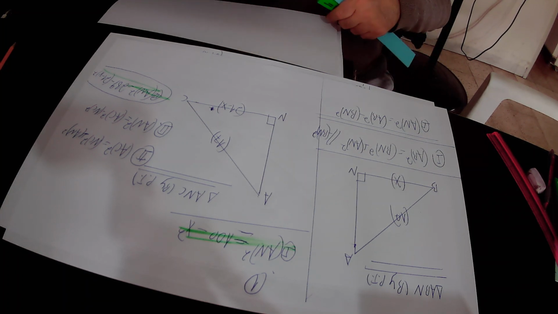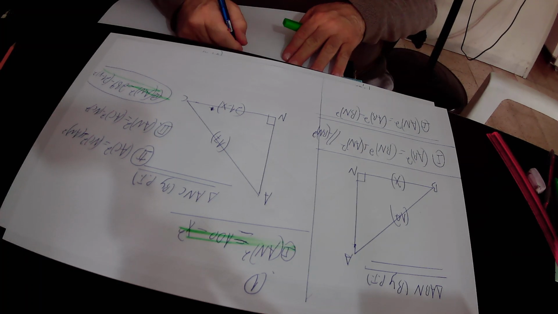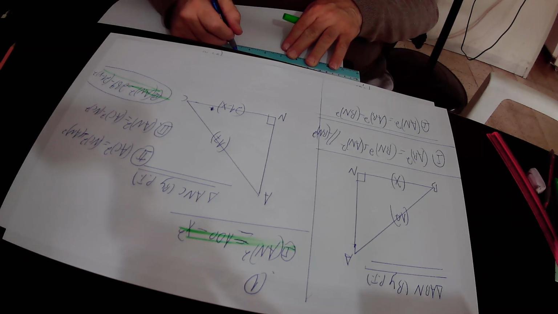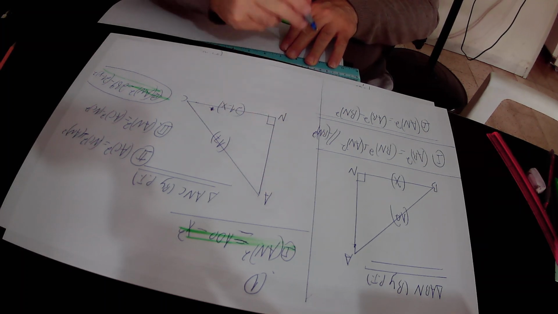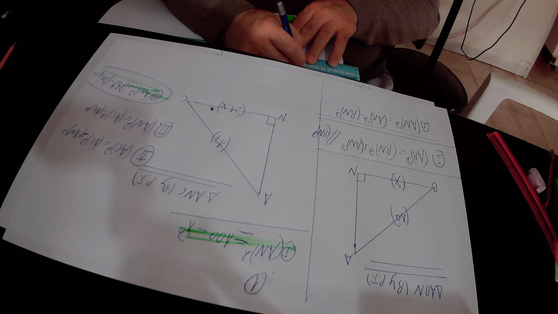This is according to equation 2. And according to equation 1, we already found out that AN squared equals 100 minus x squared.